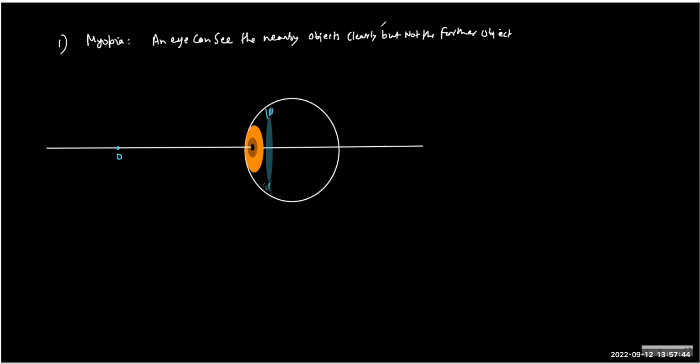So, we want this. Technically, what is the actual far point? Infinity. If the light ray is coming from infinity, it's very difficult to draw here, but you can understand roughly. I'll do a simplified version of that.